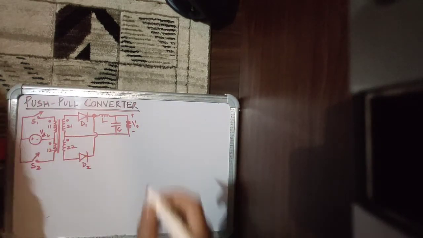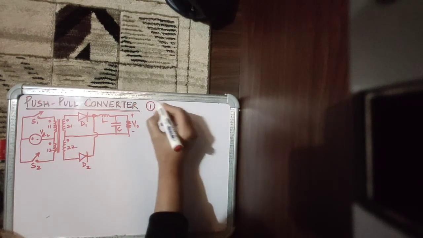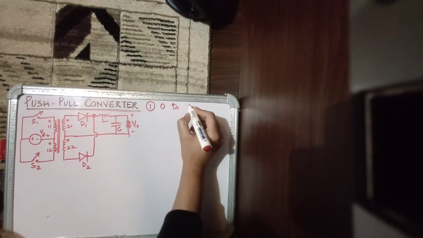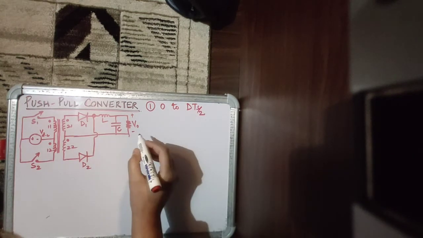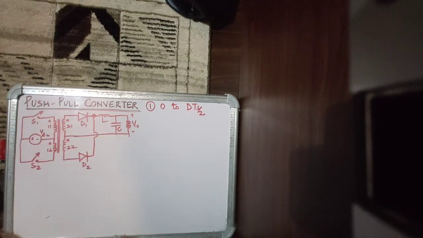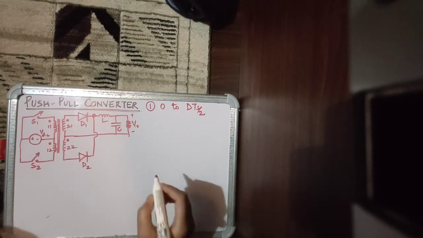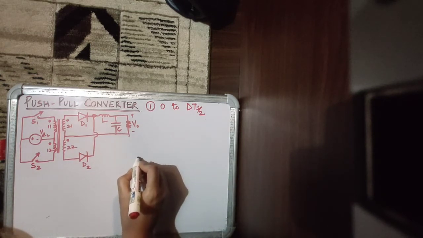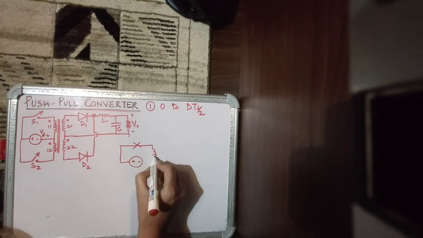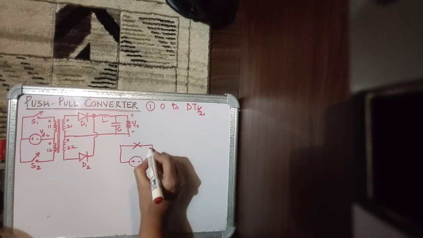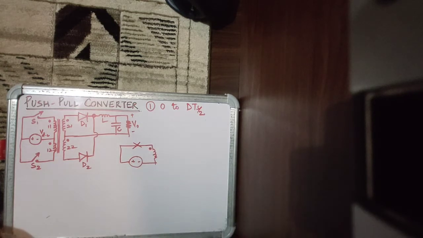So let's see the first interval, which is 0 to dTs/2, when the pulse is given to S1. Okay, so let's see how the circuit looks like. You have your source, the switch S1 is conducting, the upper primary winding is directly excited.